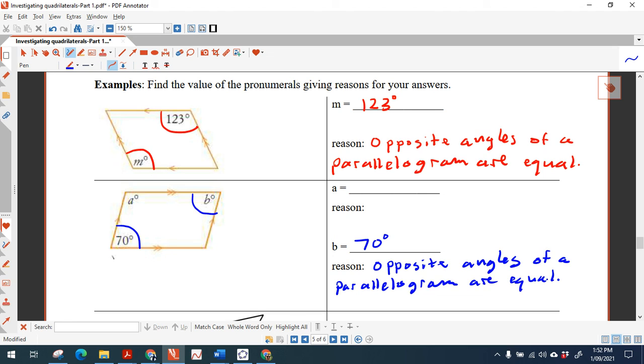Okay, now see if you can figure out what A is going to be. You're going to have to use co-interior angles for this one. So have a think about the properties of co-interior angles.